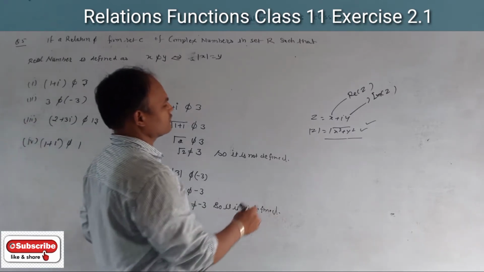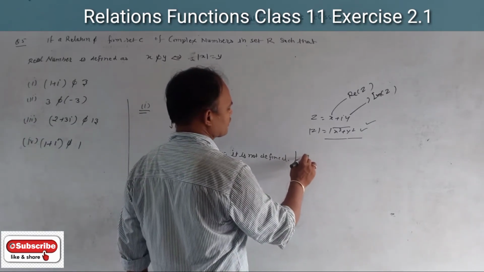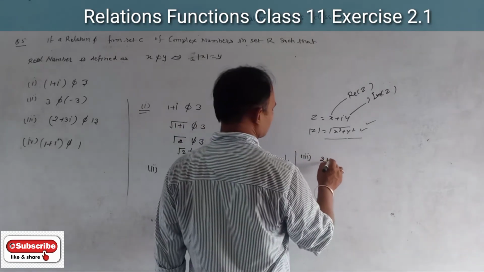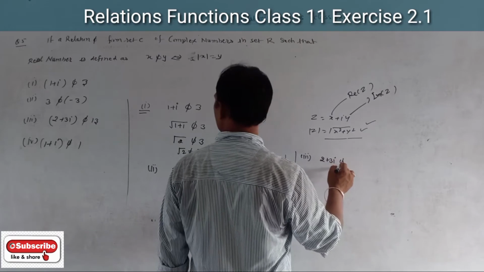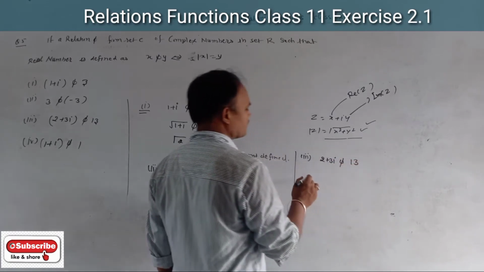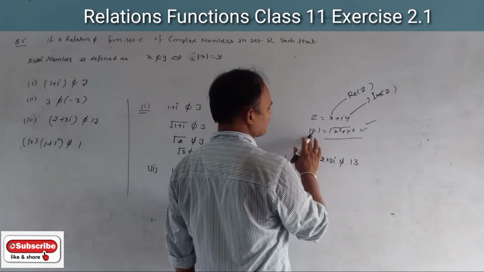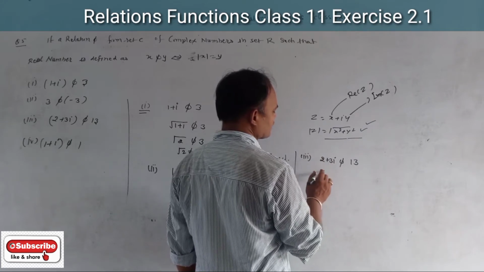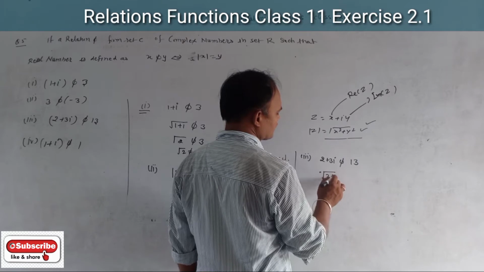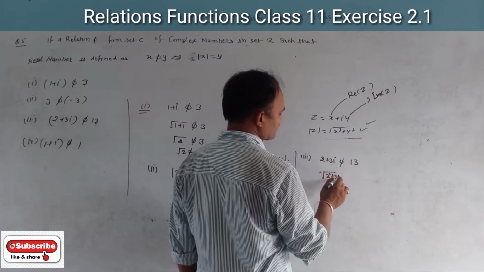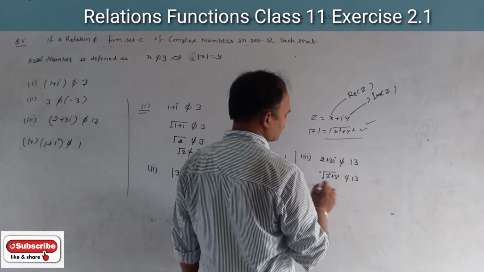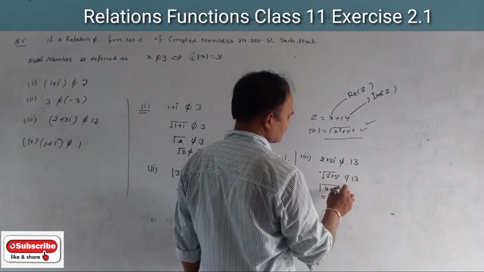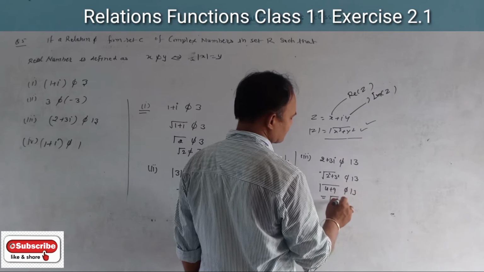Now, what about the third one? 2 plus 3 iota phi 13. When we find the magnitude of this, the modulus means root of 2 square and 3 square, which is 4 and 9, so root 13 phi 13.